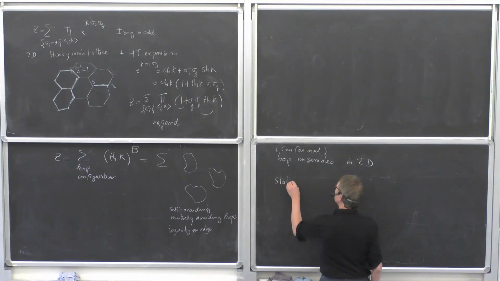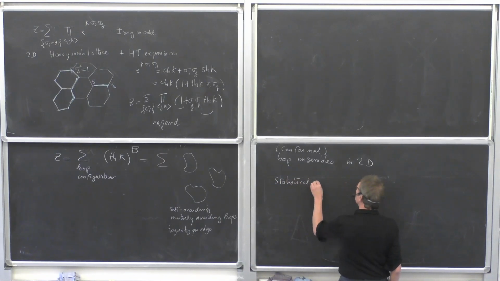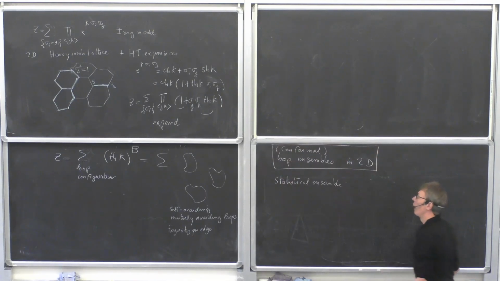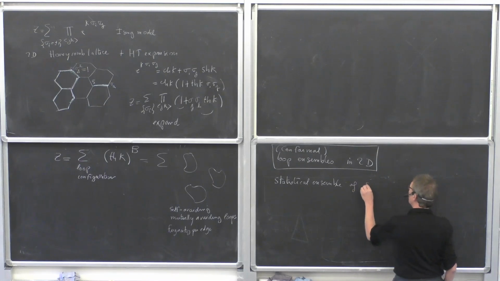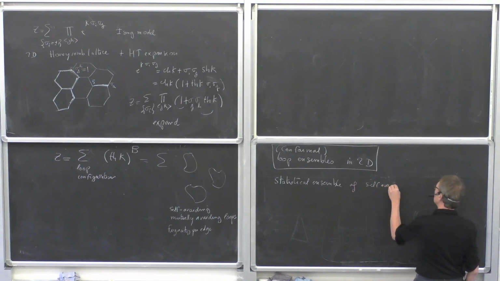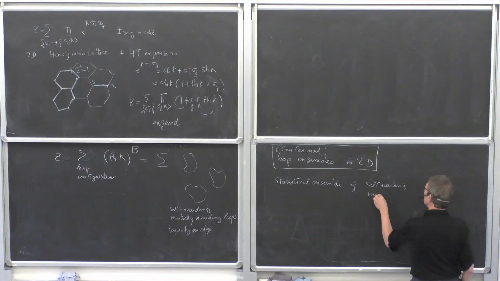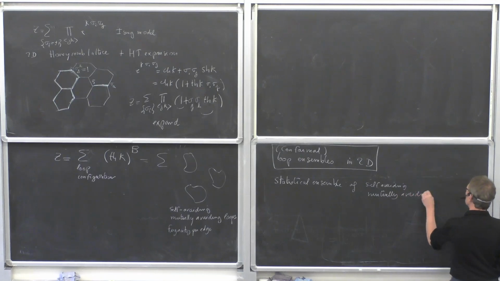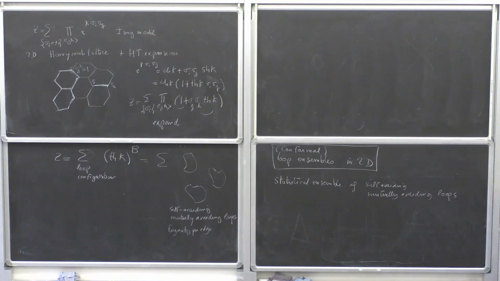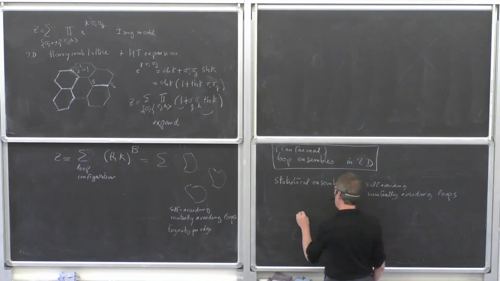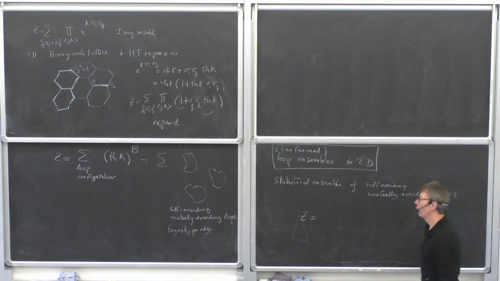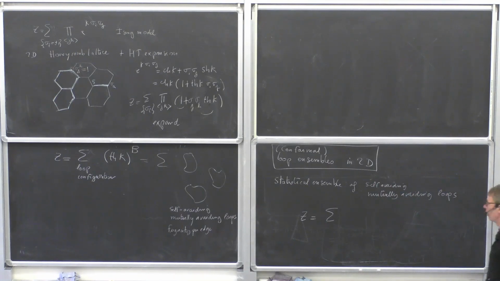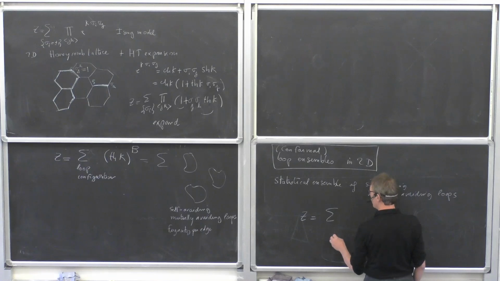statistical ensemble of self-avoiding, mutually avoiding loops, and the very interesting thing will be that we are going in general to, so first of all, the sum of self-avoiding, mutually avoiding loops, I will just keep it implicit most of the time.